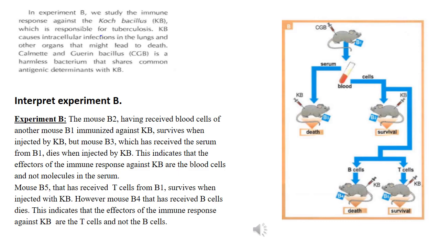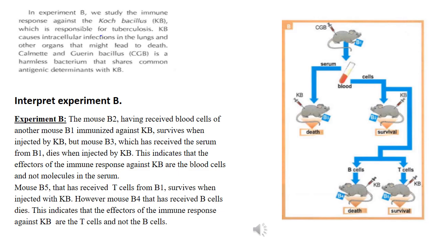The mouse B2 that has received blood cells of the mouse B1 immunized against KB survives when injected by KB. But mouse B3, which has received the serum from B1, dies when injected by KB.